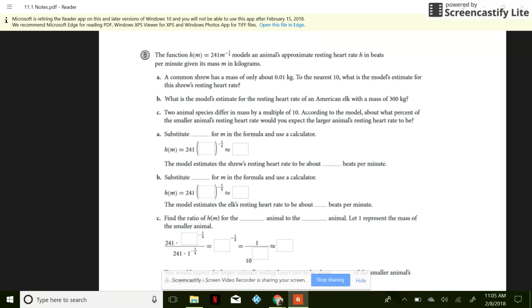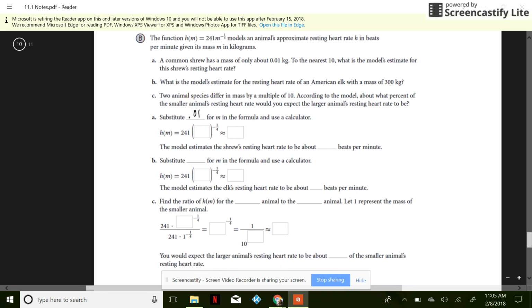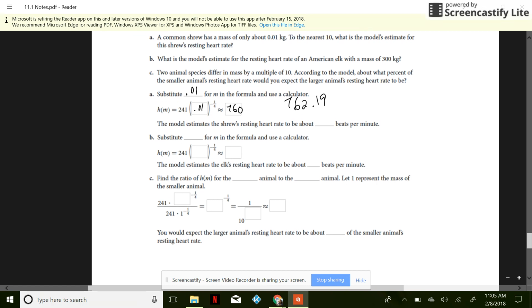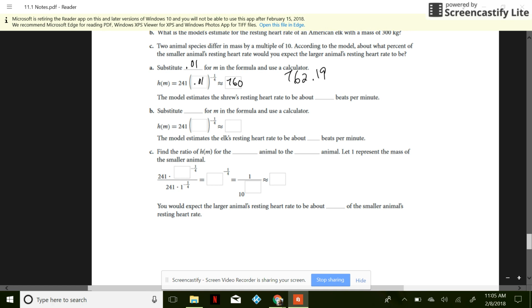So essentially what we're doing is we're plugging in 0.01 for m in the formula, and then you can use your calculator. So we'll have 241 times 0.01 to the negative 1/4. I think it ends up with 762.19, which is about 760. So this model estimates the shrew's resting heart rate to be about 760 beats per minute.